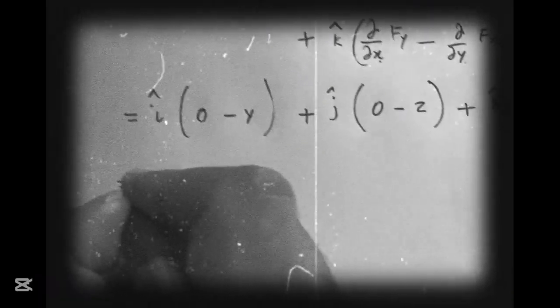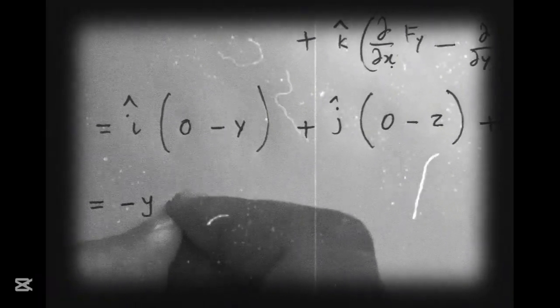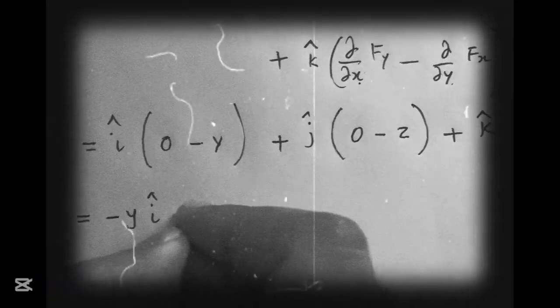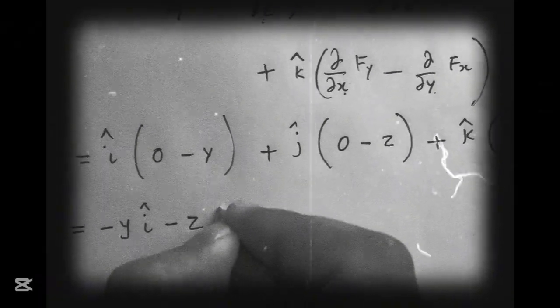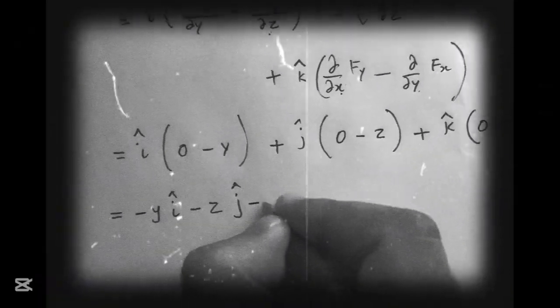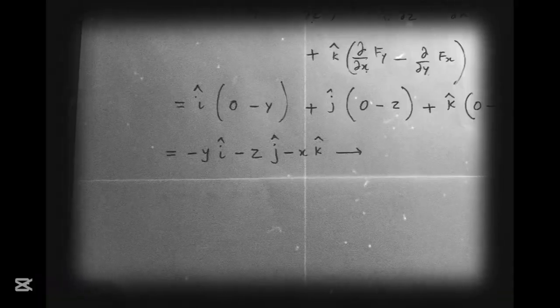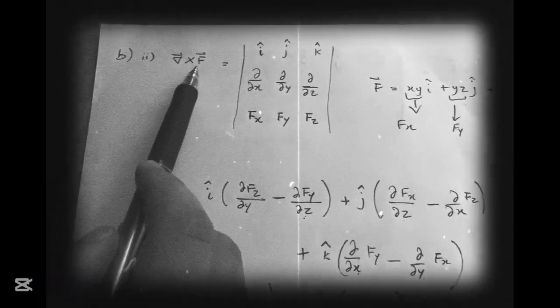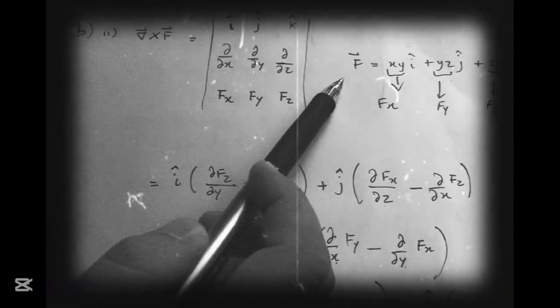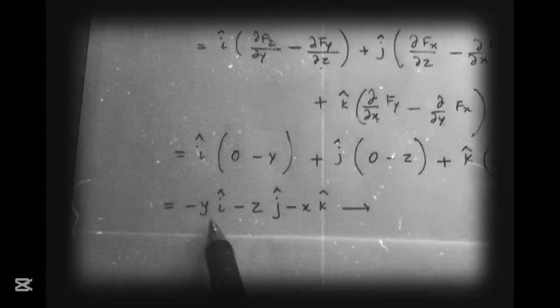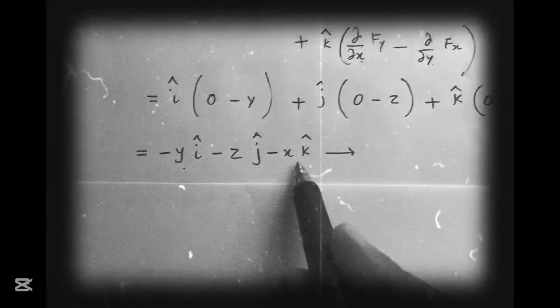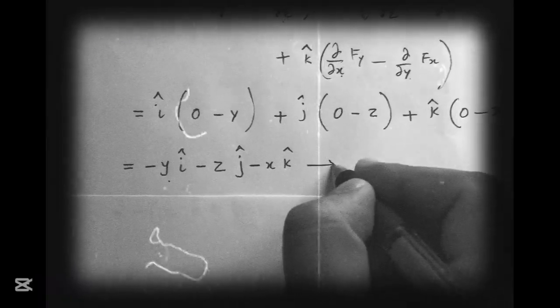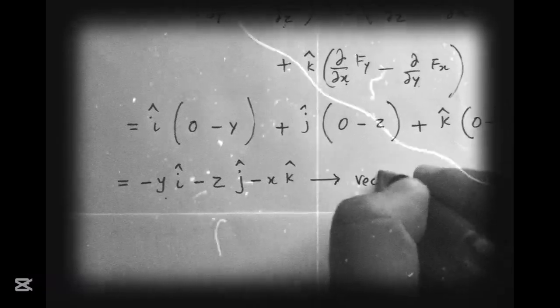So finally, I'll be getting minus y i hat minus z j hat minus x k hat. Okay guys, so finally we got the curl of the given vector f to be this much. From here you can clearly see that this is a vector quantity.